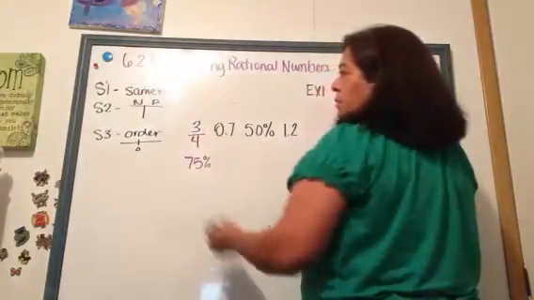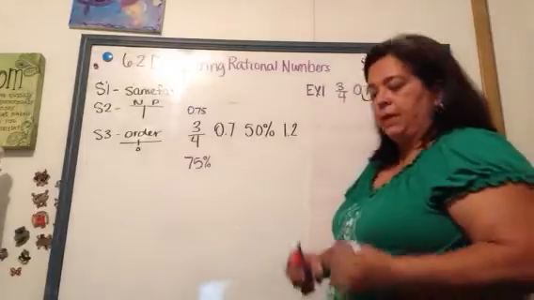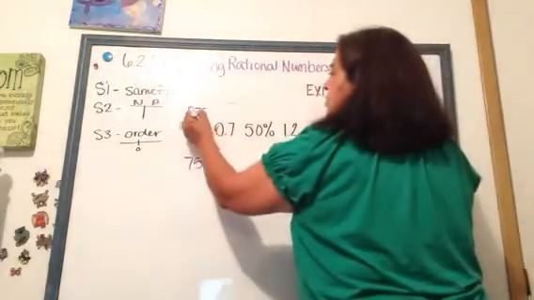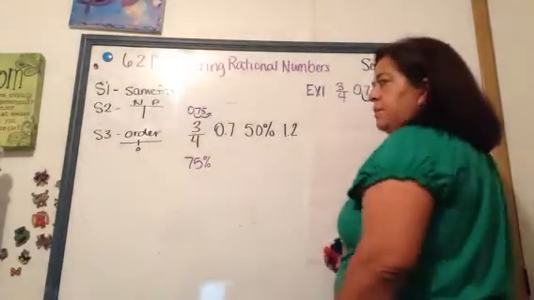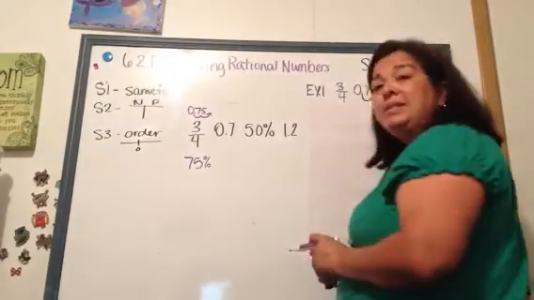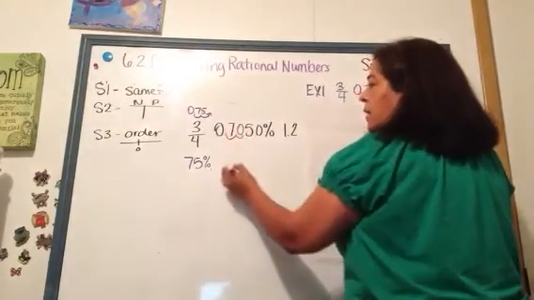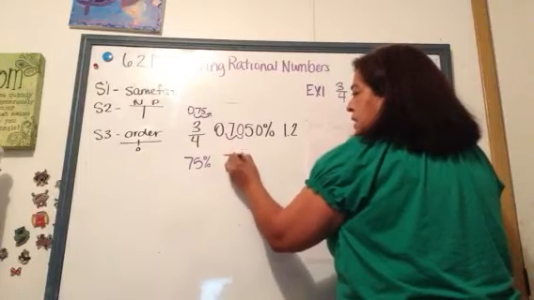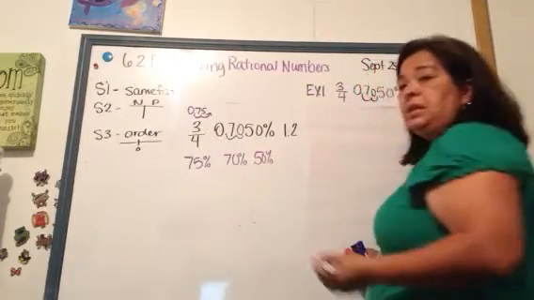It's a benchmark. This number is actually 0.75. When I move my decimal 2 places, using Dr. Pepper, I get 75%. I'm going to do the same thing with 7/10. I'm going to move that decimal 2 places and add a 0. That becomes 70%. 50% is already in the percent form.